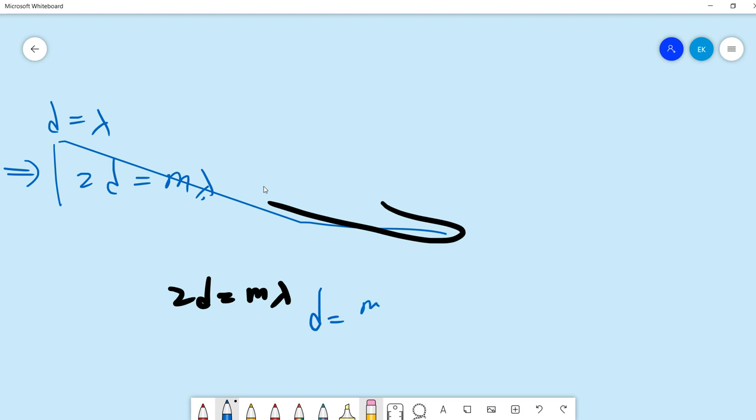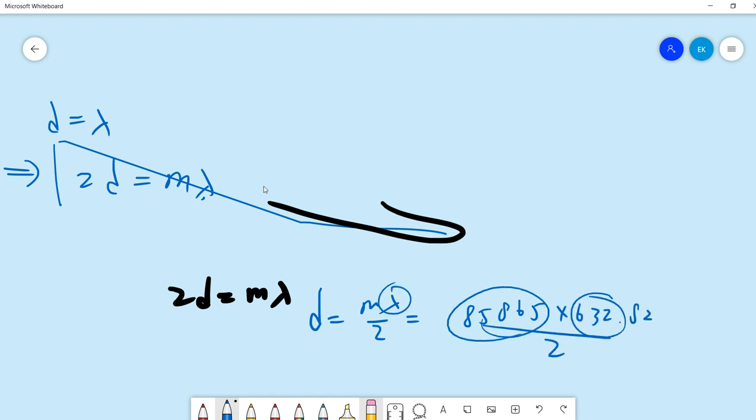So this is lambda, this is m. Oh, sorry for my whiteboard. Sometimes the whiteboard will crash. So this is for the red.